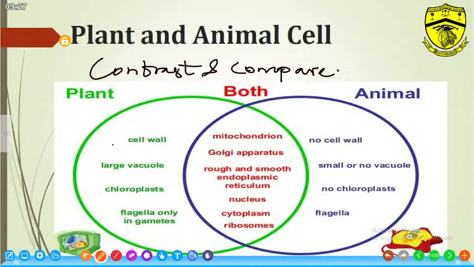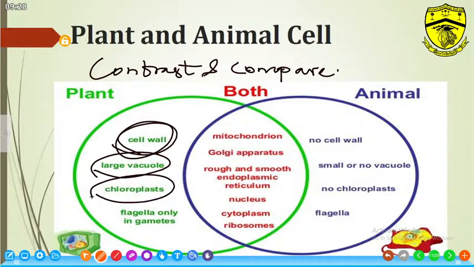The plant cells only have cell wall, large vacuole, chloroplast, and flagella only in gametes. So these are the main parts: large vacuole, chloroplast, cell wall. But these are absent in animal cells.